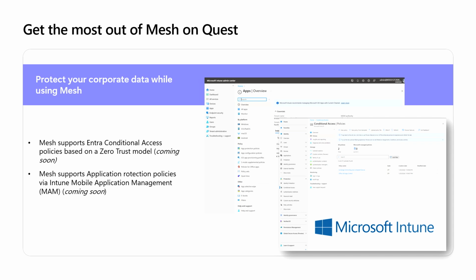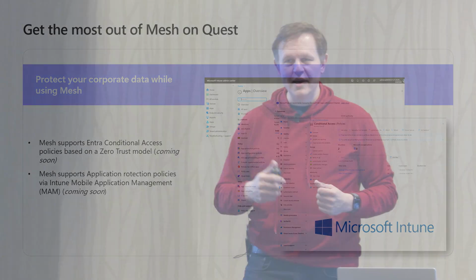So we'll talk about some of the headaches in a second, but one of them for sure is conditional access. If your company has policies set for devices where, for instance, the device has to be running on a specific network, or the device has to respect specific content policies, right now Mesh doesn't understand those policies, and so we're working in our current quarter sprint to ensure that we can start responding to that.